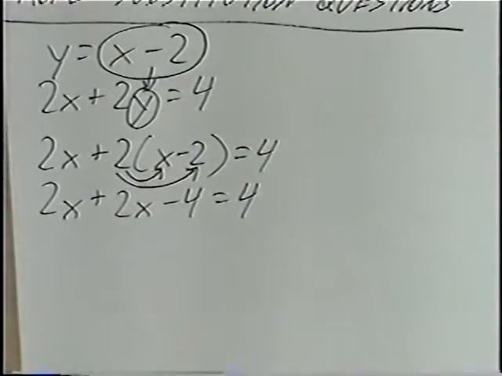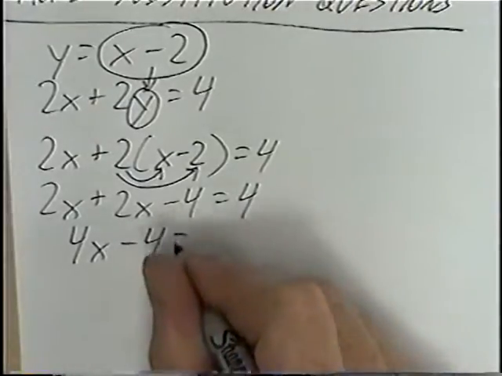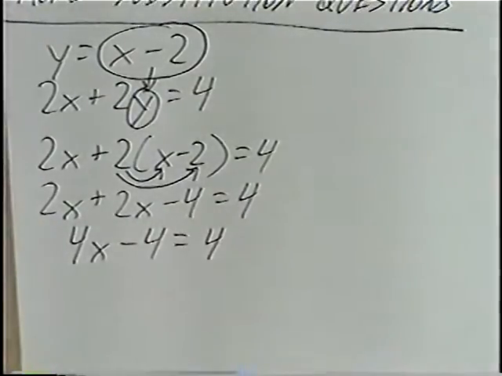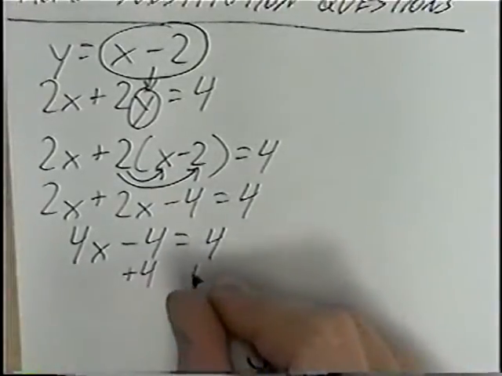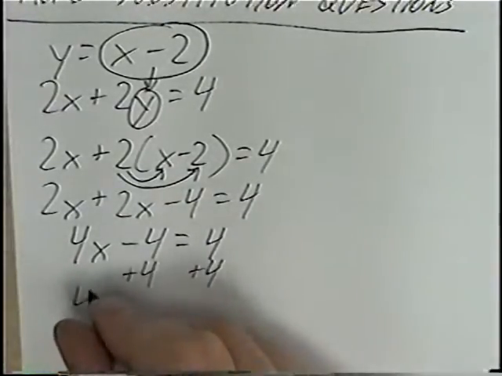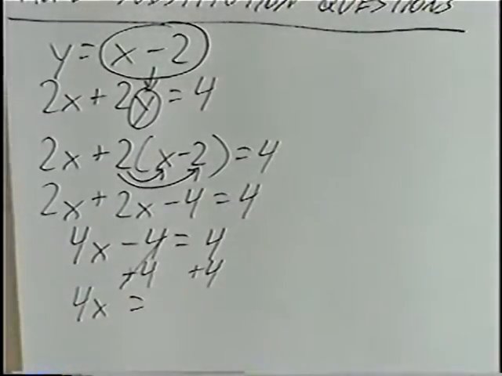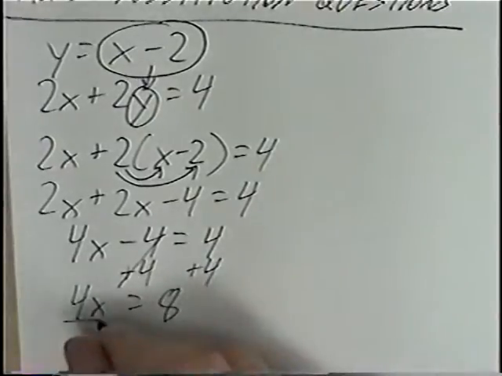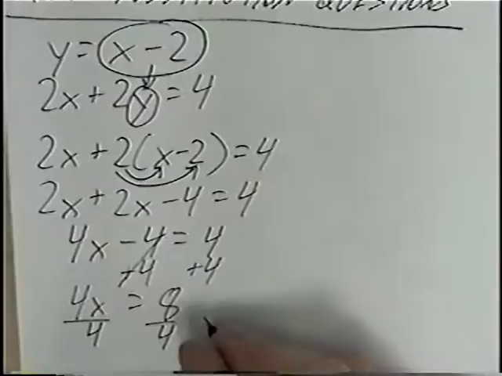Combining like terms, 2x plus 2x would be 4x, minus 4 equals 4. Solving for x, we can add 4 to both sides, and we'll have 4x equals 4 plus 4 would be 8. And last step, to get our first answer, we can divide by 4. So our first answer, x equals 2.